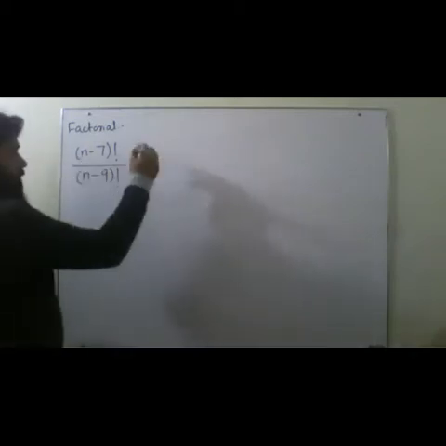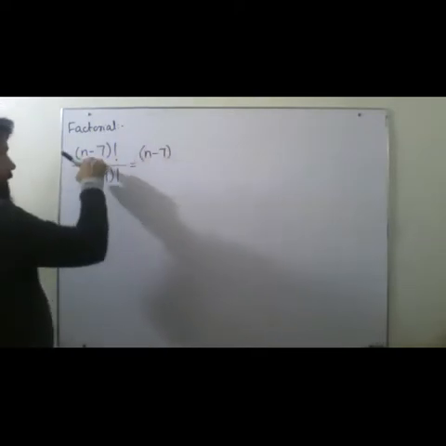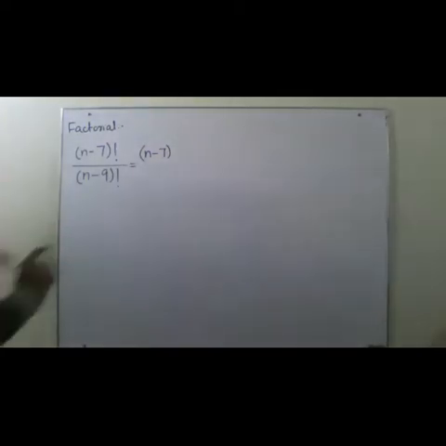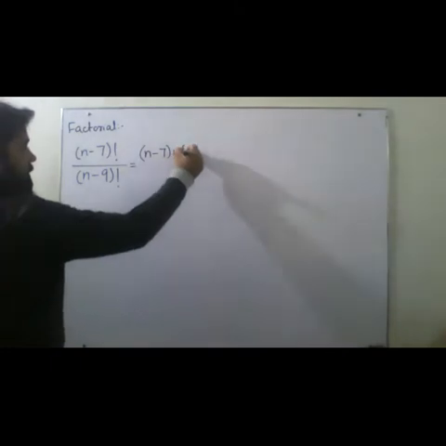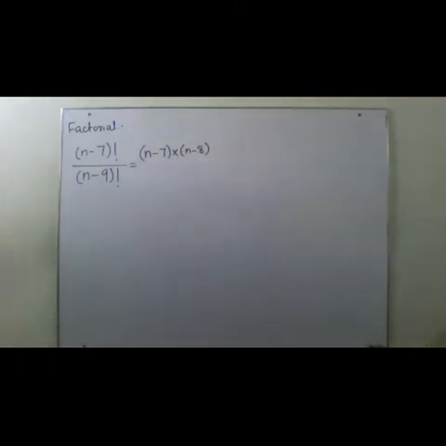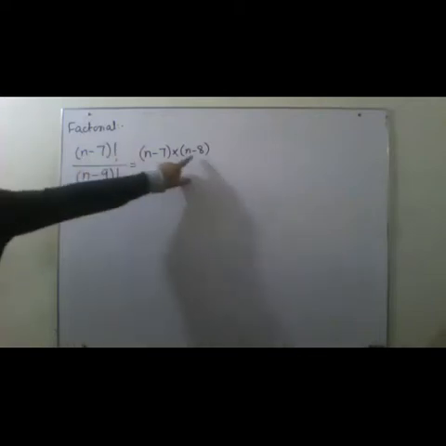First of all, I will write n minus 7 directly, because whatever the number is, first of all we write that number. Then 1 subtracted from here will become n minus 8. I have subtracted 1 from here, so n minus 7 minus 1 becomes n minus 8.